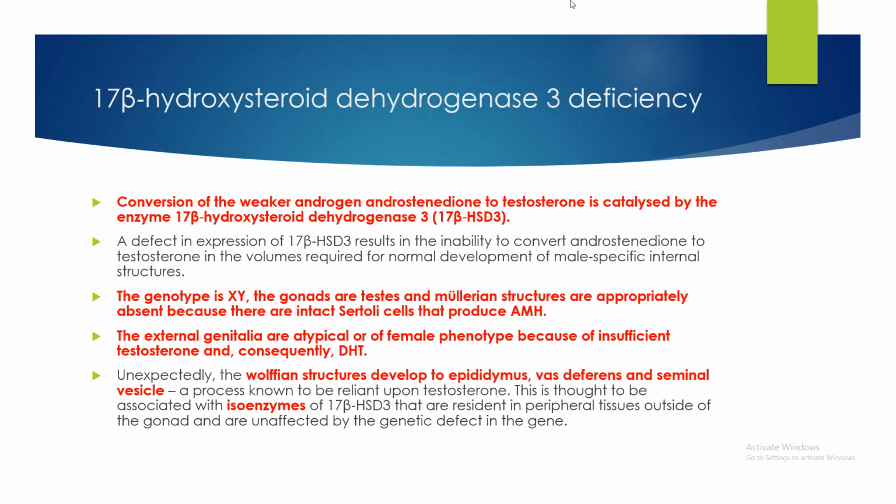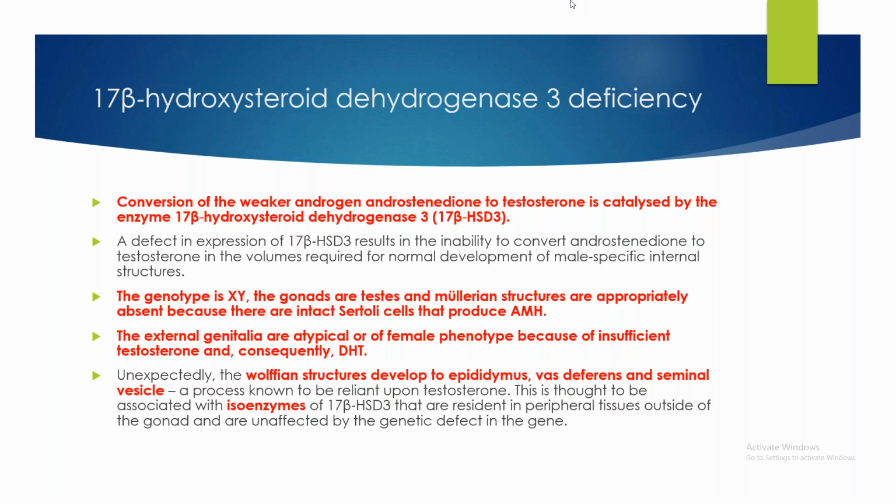Then the last thing here is 17 beta hydroxysteroid dehydrogenase 3 deficiency. This enzyme is responsible for the conversion of the weaker androgen, androstenedione, to testosterone. So a defect in this gene results in inability to convert androstenedione to testosterone.